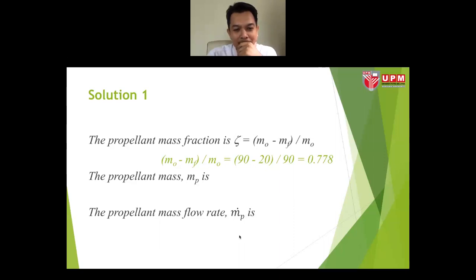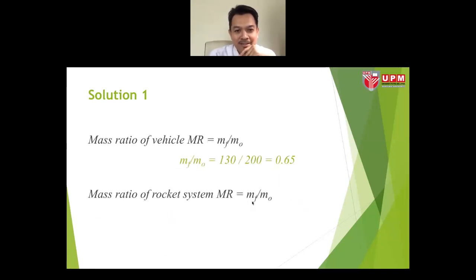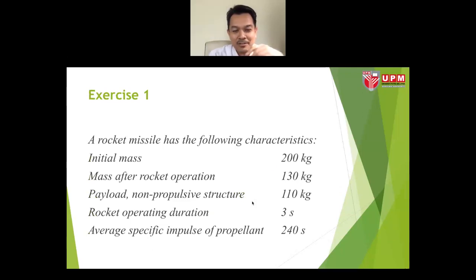So the propellant mass is simply 70 kilogram. Let me go back, because we have to go back and forth.